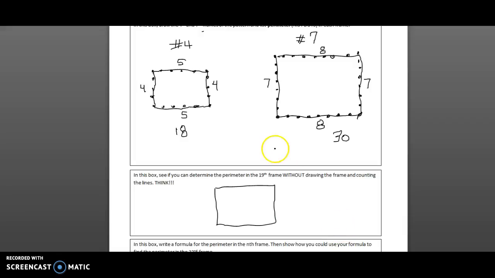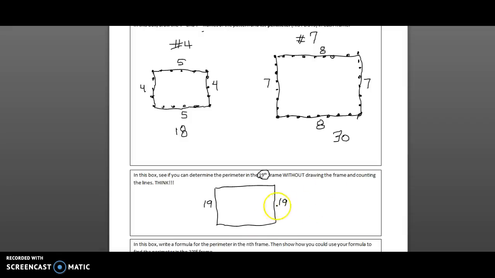So if I go back and I look explicitly, when I was on the 4th frame, it was 4 and 5 on the bottom. The 7th frame was 7 and then 8 on the bottom. So I'm doing the 19th frame, so I can figure out and label this thing. This is going to be the frame number for the vertical part.